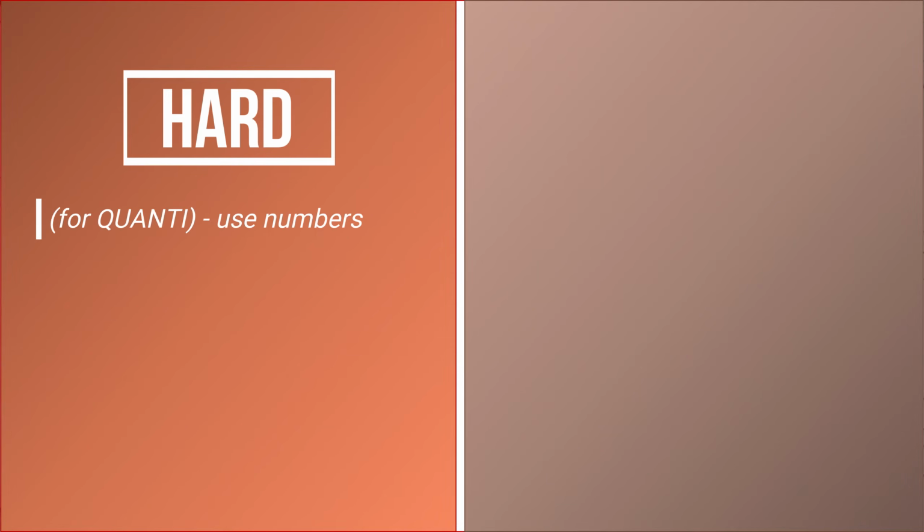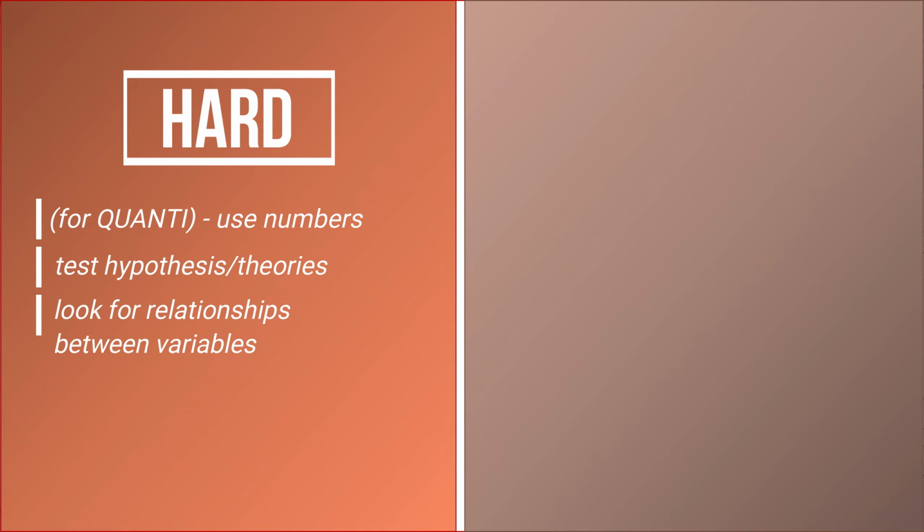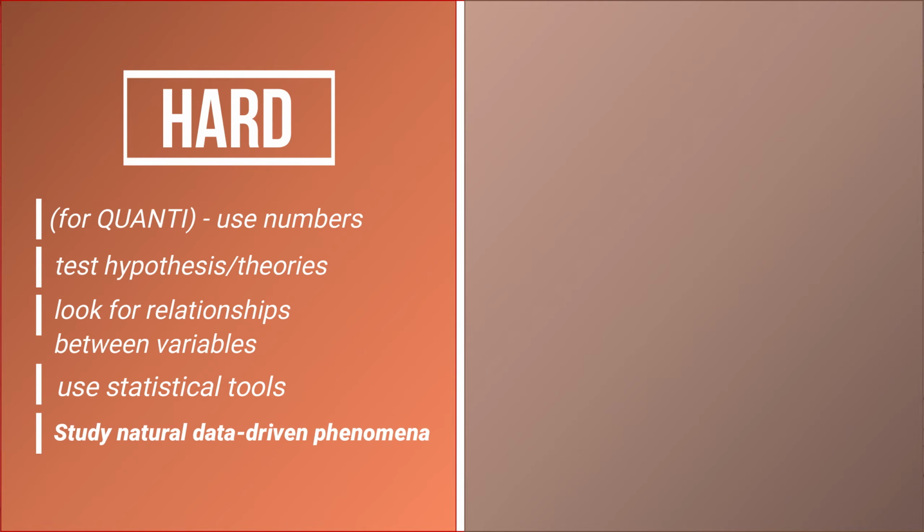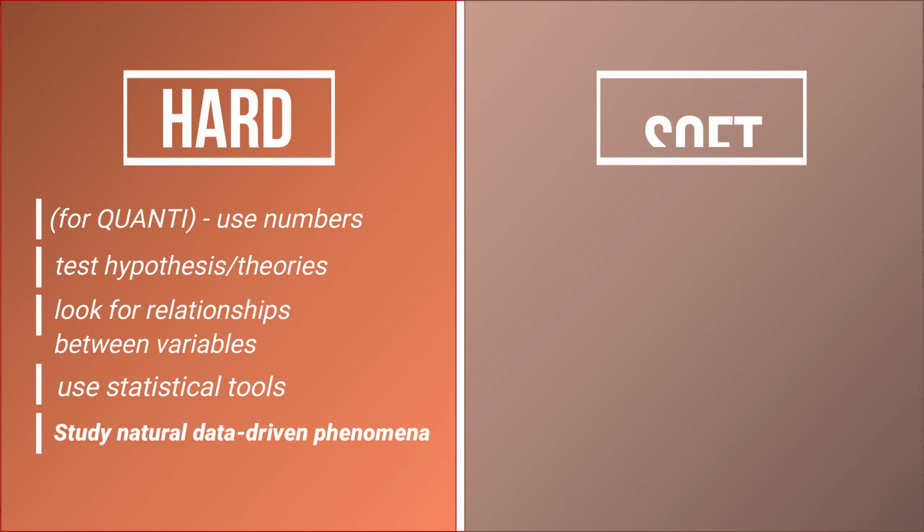Therefore, in studying hard sciences, we use numbers, we test theories, we look for cause and effect relationships or any other relationships, and we use statistical analysis and generalizations. Here, the goal is to study natural, data-driven phenomena. On the other hand, when it comes to the soft sciences, we use words instead of numbers in explaining our data.